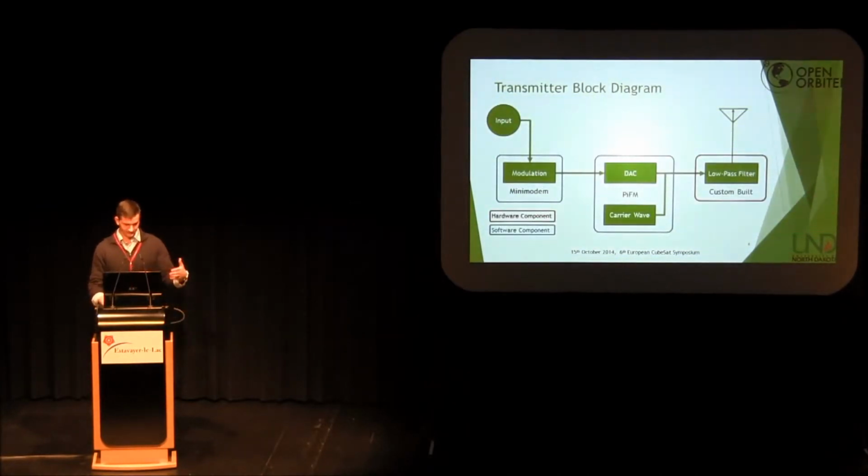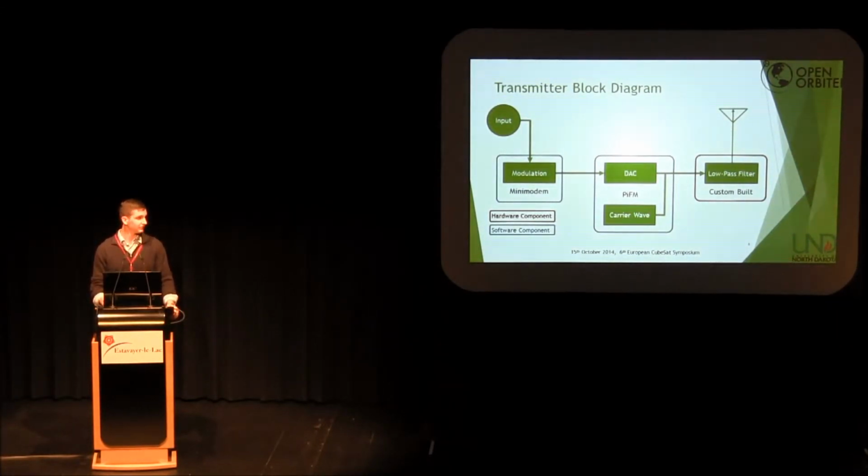So the transmitting block diagram is just the general flow of the data. We start with the input text file, and we modulate that file using AFSK modulation, which outputs a wave file. From that wave file, it goes into PiFM, where it gets added to the carrier wave, and from there it gets outputted as an analog signal.